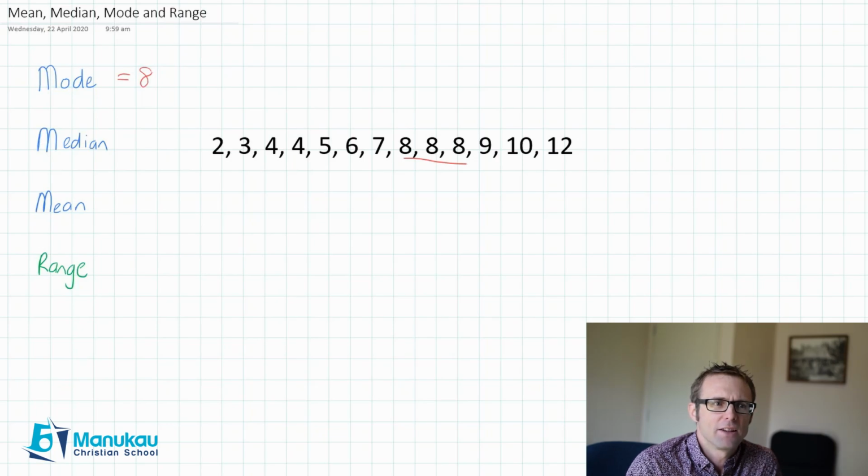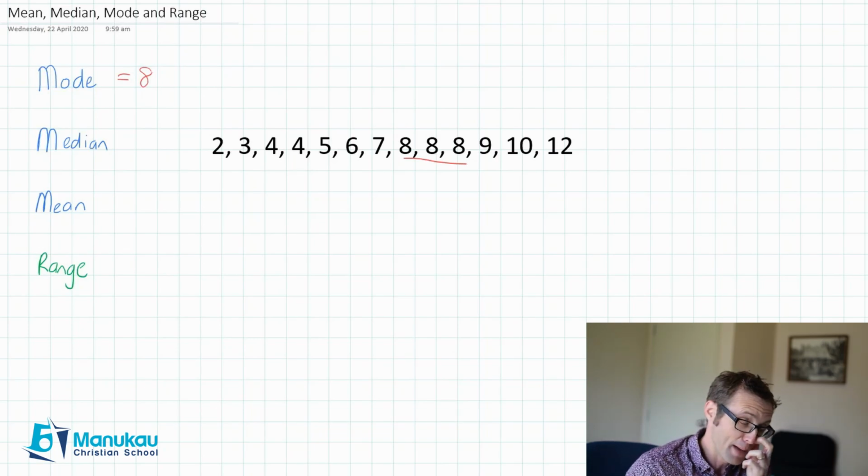You might find that in our particular suburb, the mediums are the ones that sell the most, because they have the mode number sold. And so you might use that kind of data to help you decide how many to order of each size.